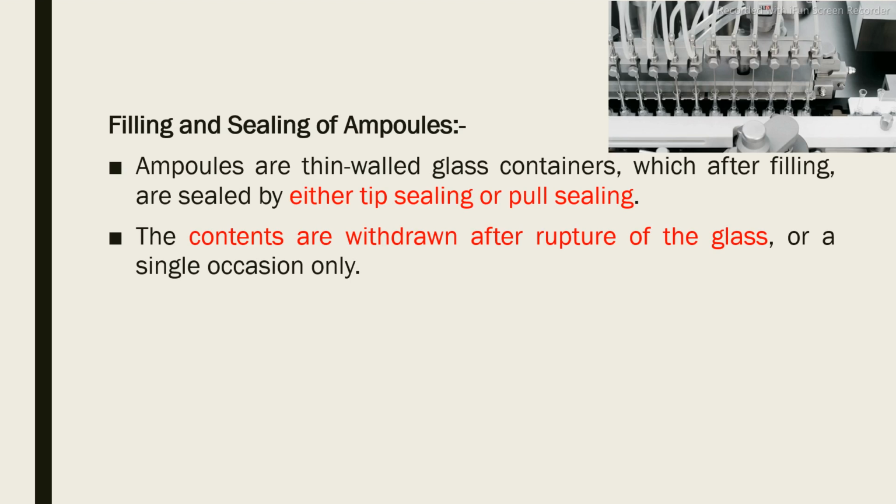Ampoules are never reusable and are not to be used twice. Whatever the content, whether 1 ml, 2 ml or 10 ml, with ampoules of up to a maximum of 30 ml available in the market, you have to take it at a time and administer it to the patient.